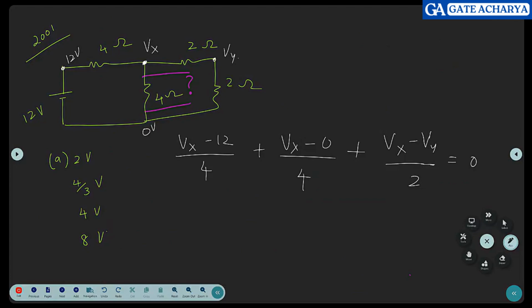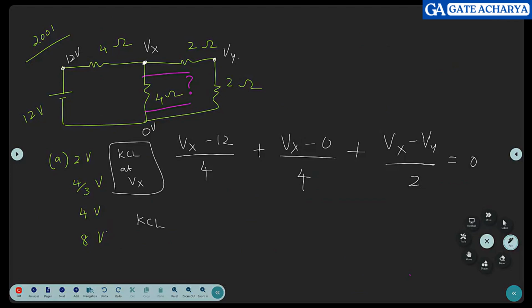So again, this is two variables, a single equation is not sufficient. You need another equation. Now, right, this is KCL at Vx.